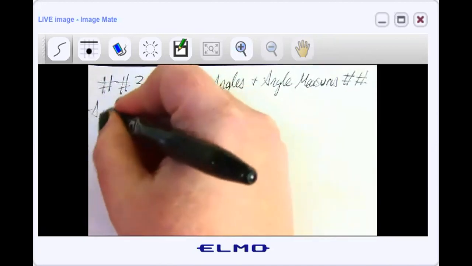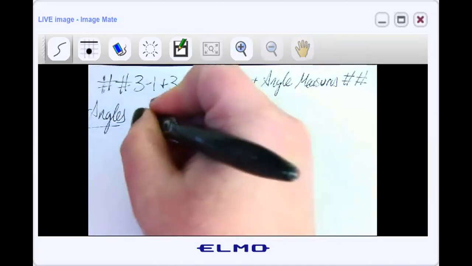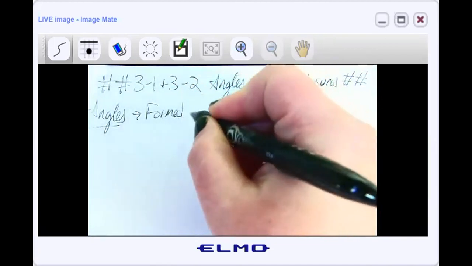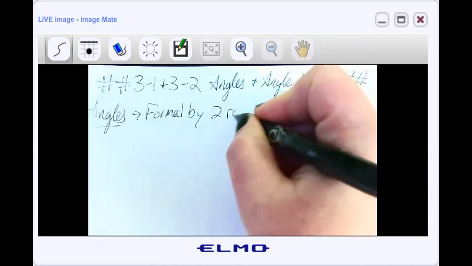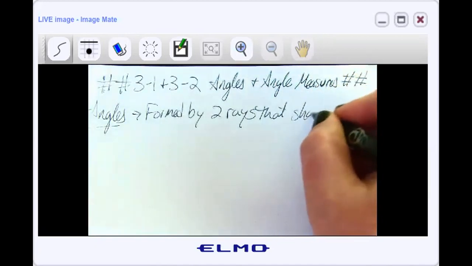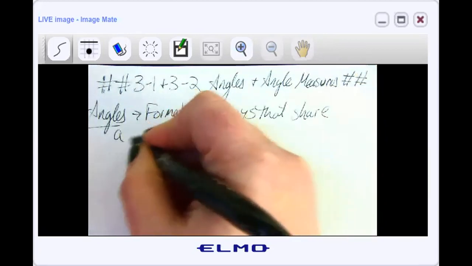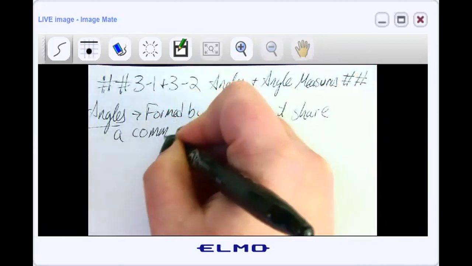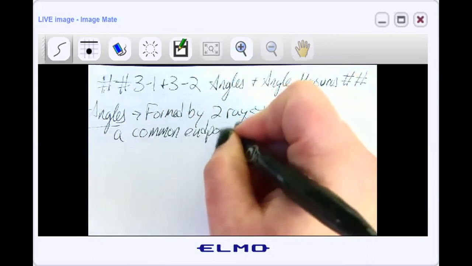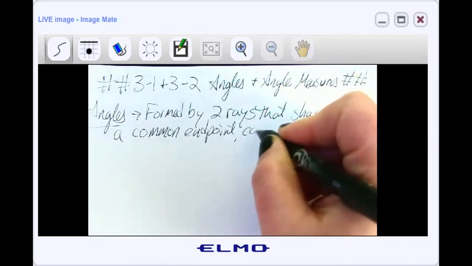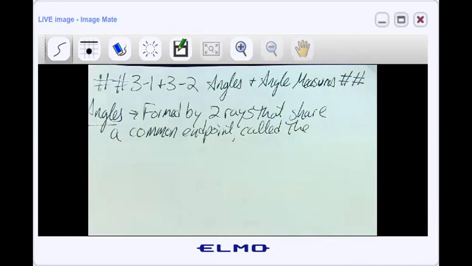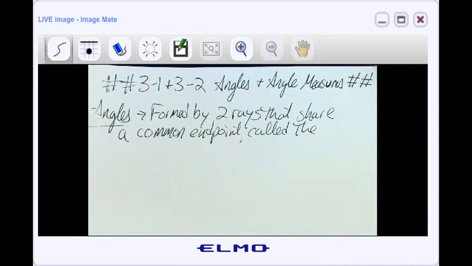So angles are formed by two rays that share a common endpoint. Called the, anybody know? What do you call that point in the corner?